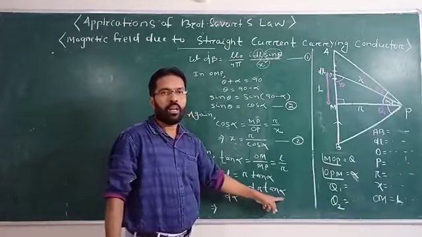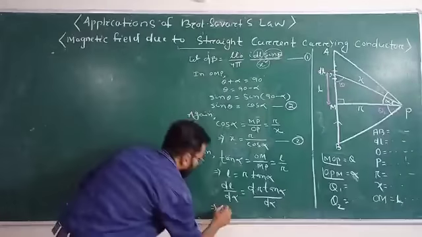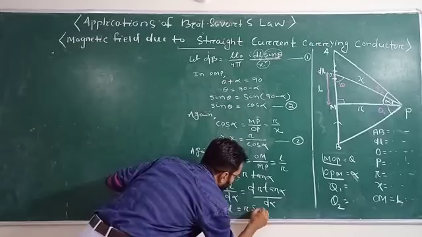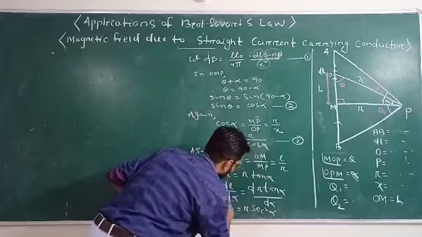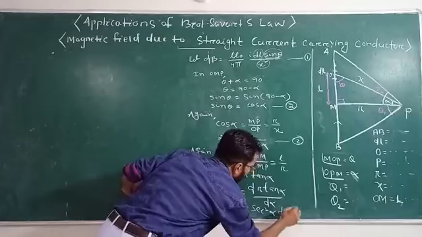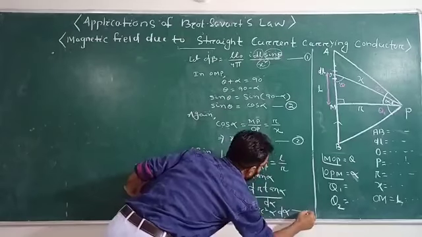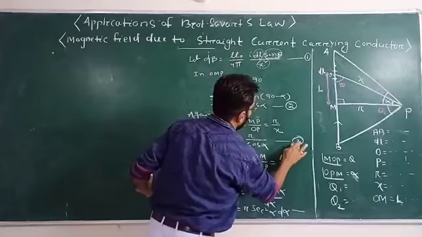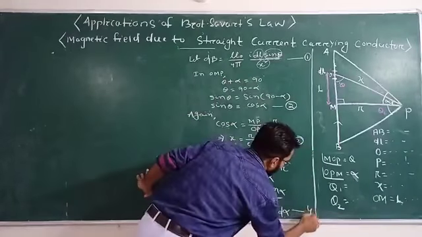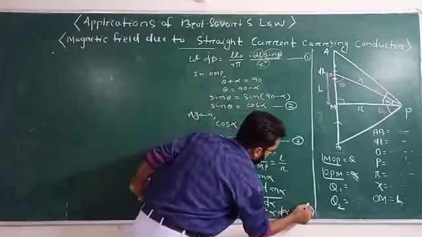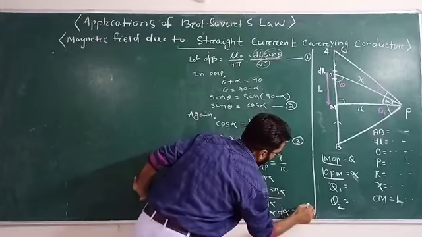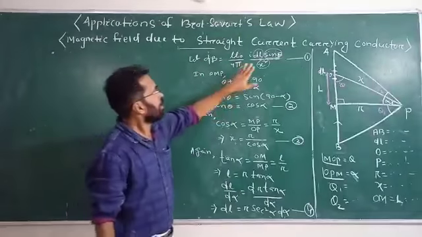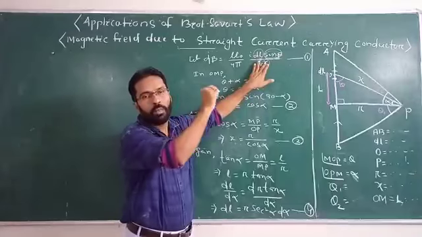R sec square alpha we got. From that, dl is equal to R sec square alpha d alpha by cross multiplication. It is equation 4. Now you observe here, it is equation 1, which is the formula for Biot-Savart's law.